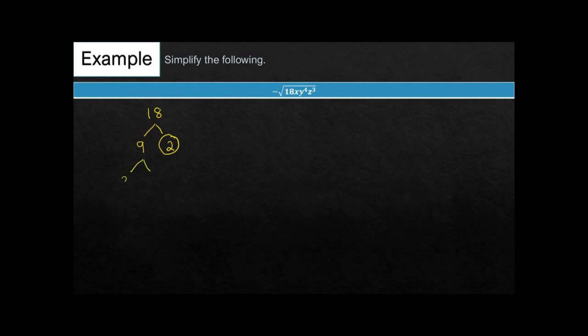And 9 is 3 times 3. So we have negative square root of 18x y to the 4th z cubed. And then I'm going to make sure my square root symbol goes above all of that.